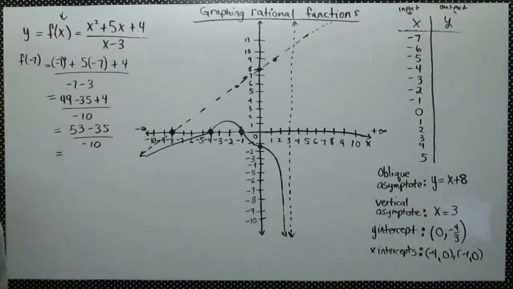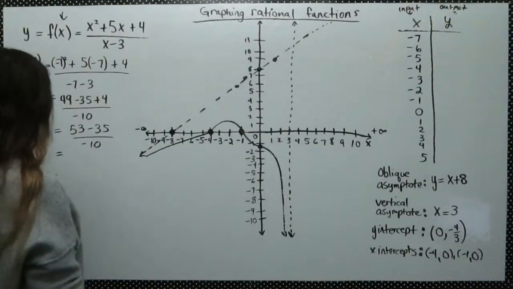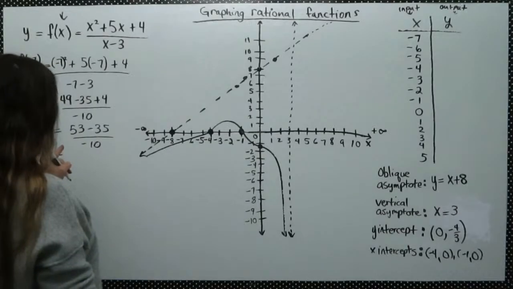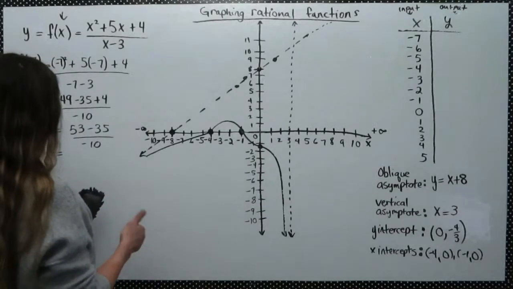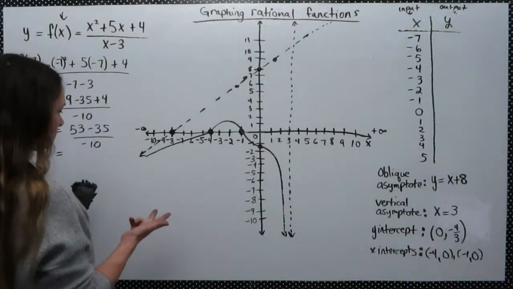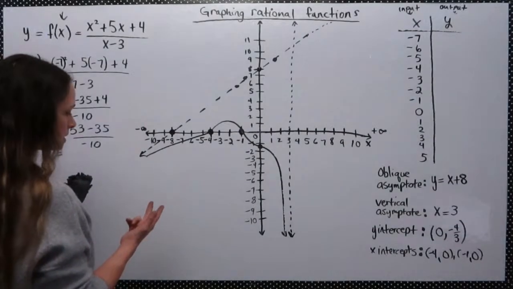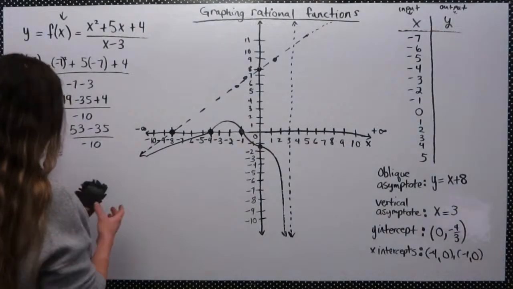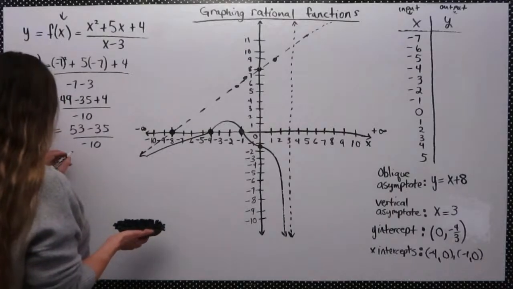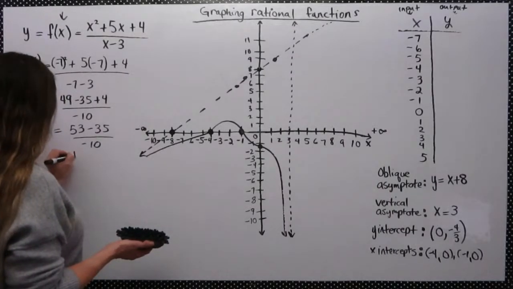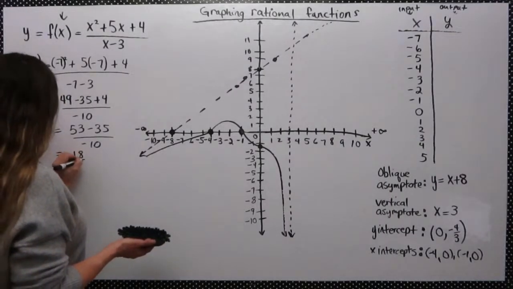And then 53 minus 35, see, 35, 40, 45, 50. So what is that? 15, 16, 17, 18? Is that 18? Divided by -10.